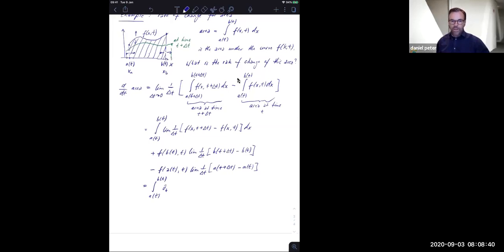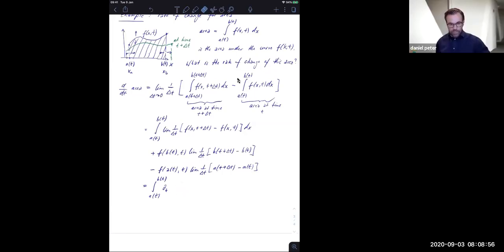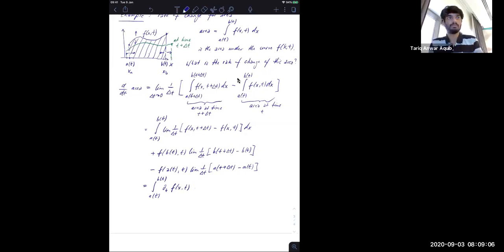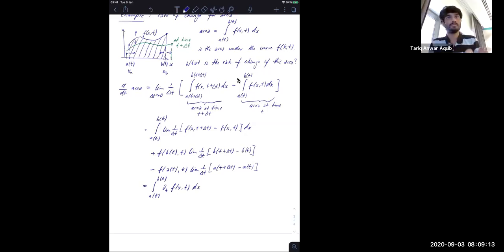This symbol is the same as the derivative with respect to time, but it's a partial derivative. So that's basically the first integral that we had on top. Instead of writing the limit, it's the partial derivative of the function with respect to time.